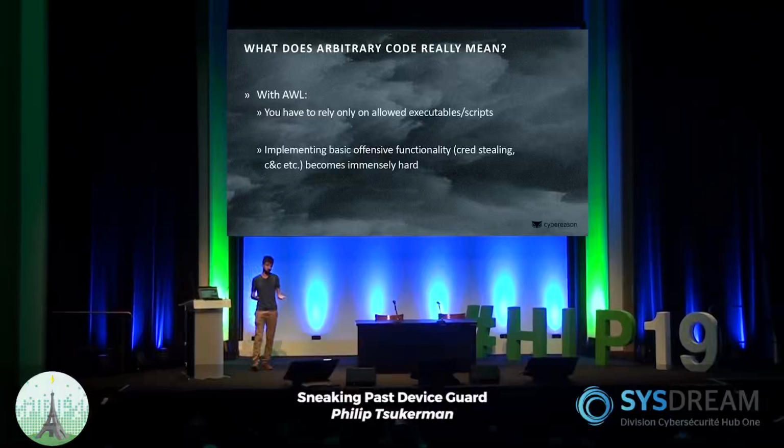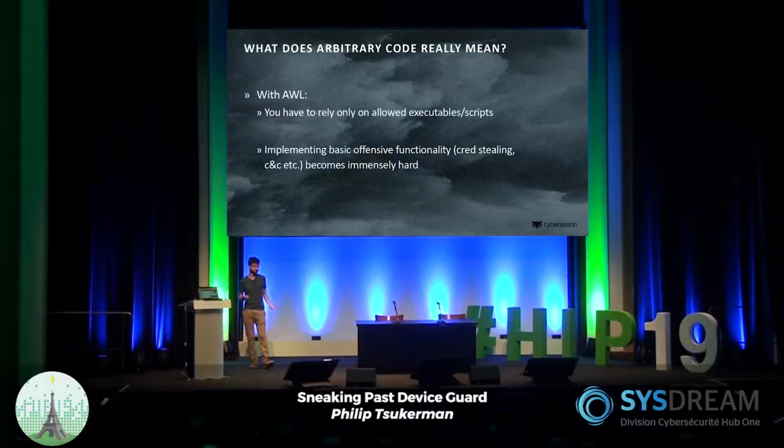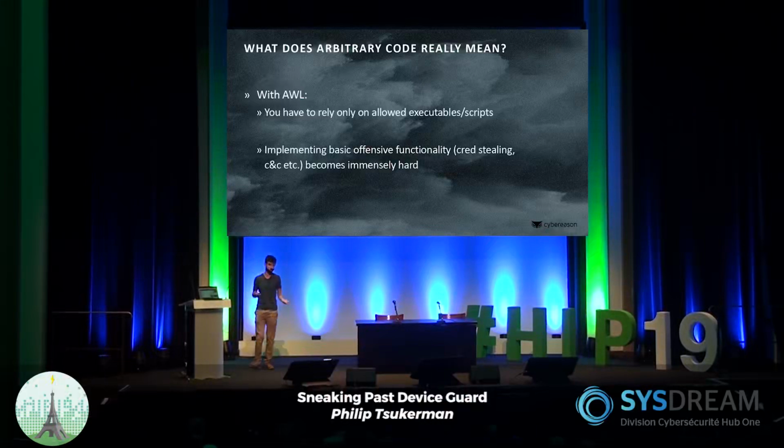Suddenly, you can only rely on what's allowed by the application whitelisting policy, meaning that, all right, I have a really cool exploit that allows me to pop calc on my machine, and then I try to use it against some kind of machine with application whitelisting, with Device Guard, and I discover that I can pop calc on my target machine, and this does not help me in any way.